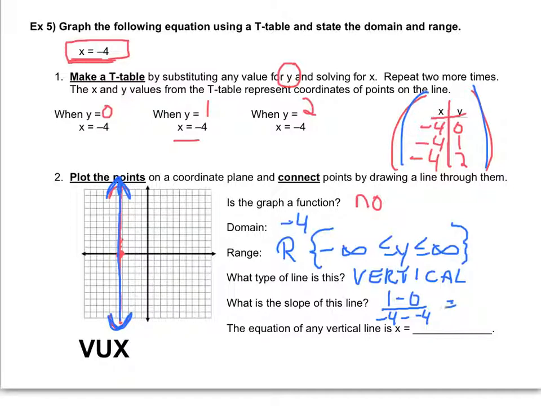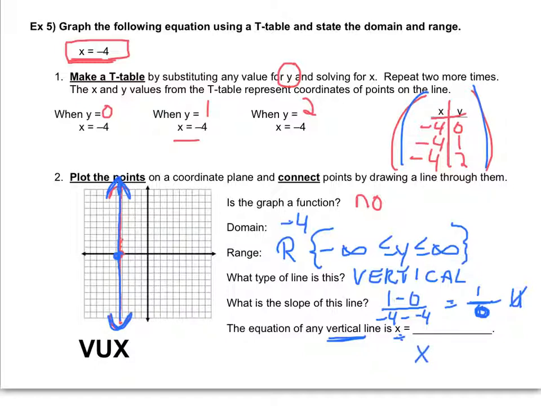On the top, I would get 1. On the bottom, I get 0. We cannot divide by 0, so our slope is undefined with a u. The equation of any vertical line is what we call an x line, and wherever it crosses the x-axis, that's the value of the equation.